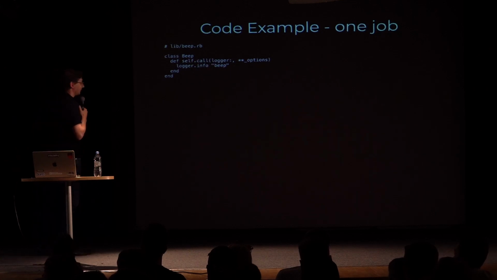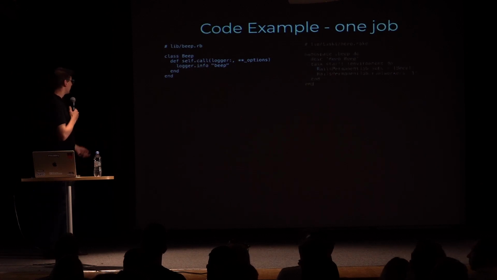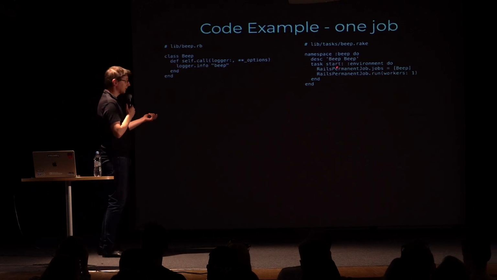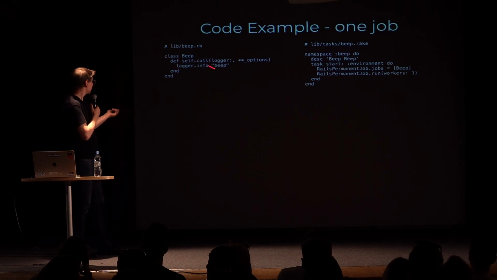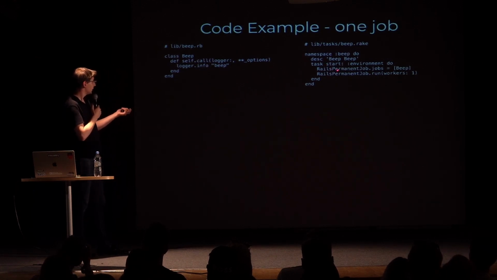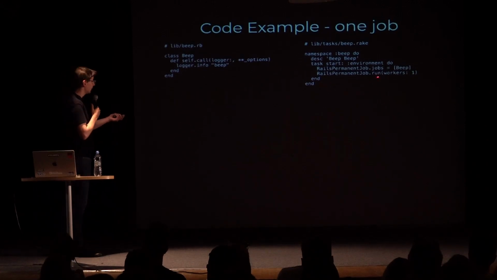And the only method that we care about is this call. You know the drill. We can have a rake task that would just use it to run our loop. So we call Rails permanent job and we put an array of jobs. I will show you more examples in a second. And we just say run.